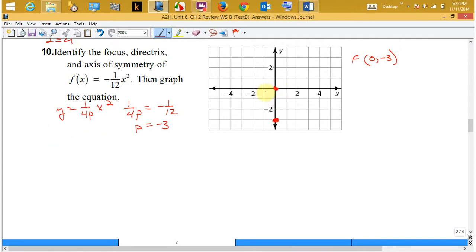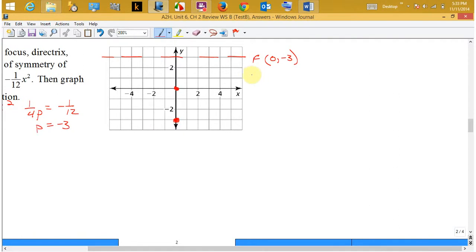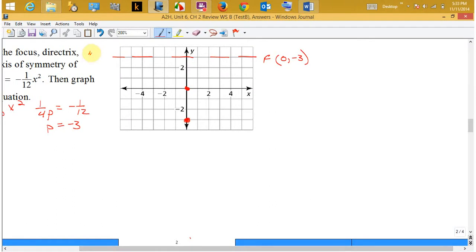The directrix would be 3 on the other side, and the y equals 3 would be the equation of the directrix line.